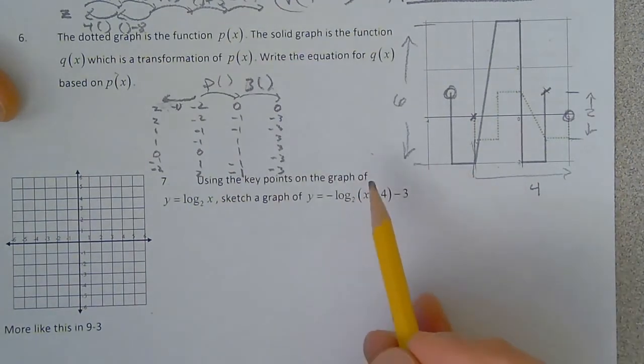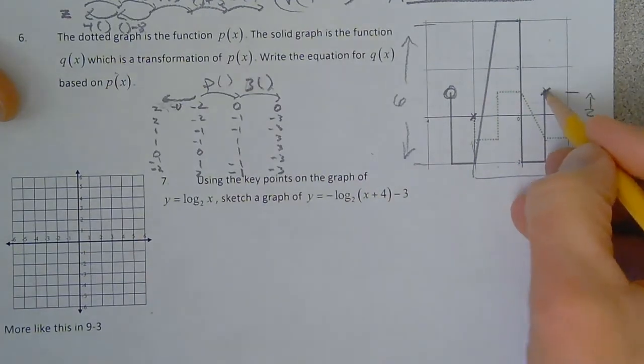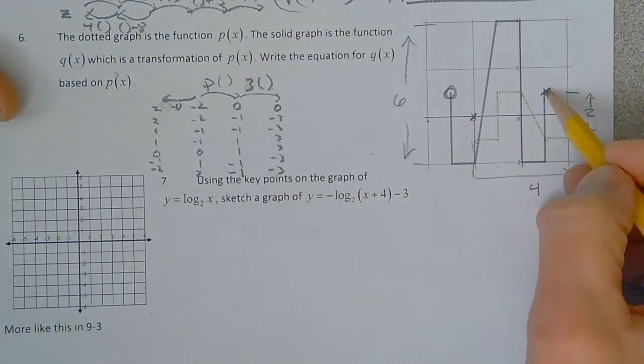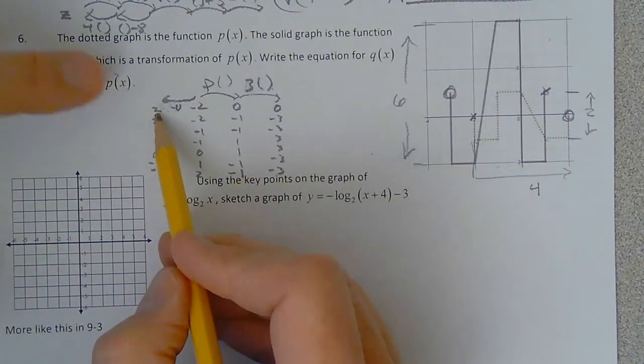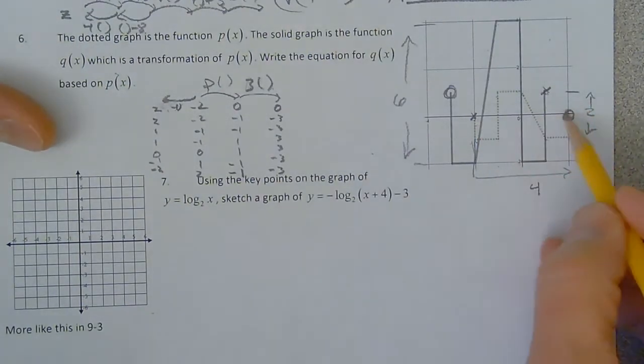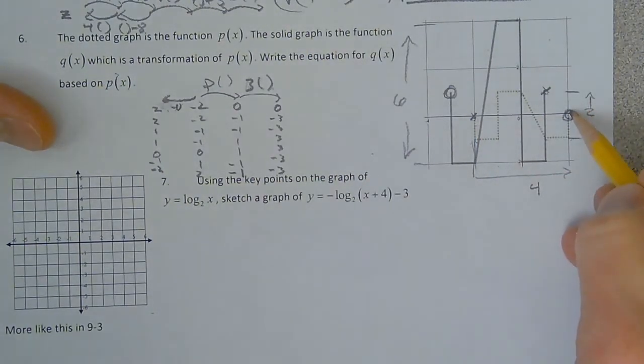So let's take a look at my coordinates here. The coordinate on this point, I've got points now at 2, 0, and if I go over to 2, 0, I've definitely got some moving that I need to do.